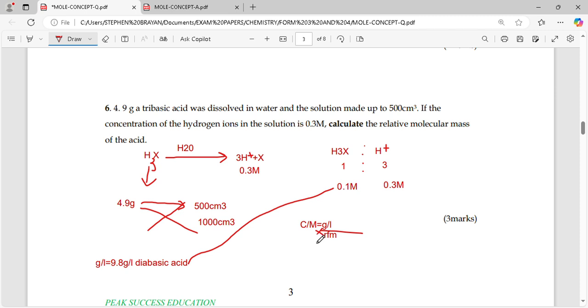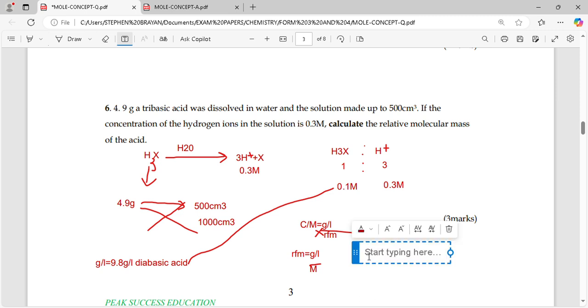Cross multiply here, and in order for you to get the RFM, your RFM will be equal to your grams per liter over your molarity, which is also the concentration. So in that manner, you will be able to get the RFM.